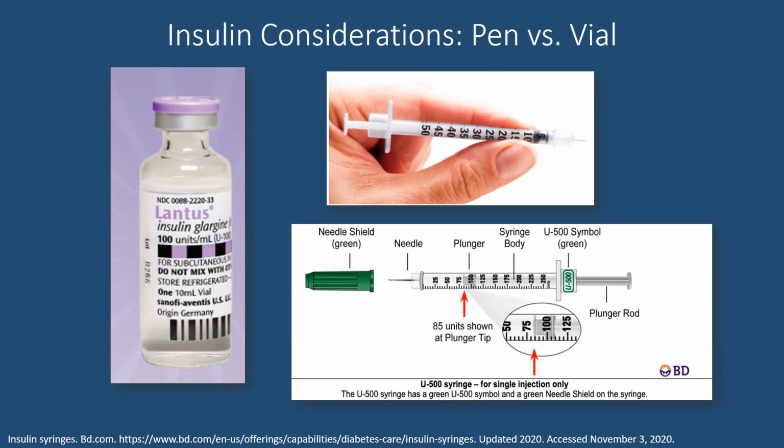It's really hard to see, and I'm not geriatric yet. So imagine your 85-year-old trying to draw up this insulin and get an accurate dose. This usually doesn't work. Again, the syringes are tiny, the plunger is tiny. You have to have really good manual dexterity to accurately draw up the amount you need and inject it.